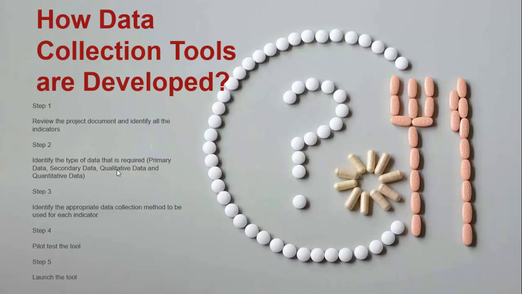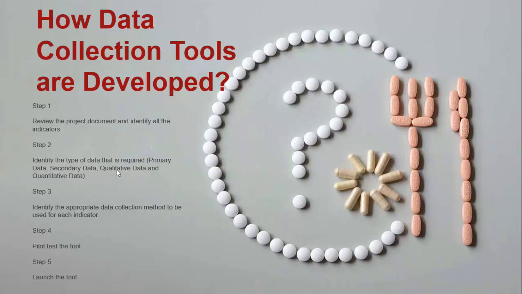So if I asked you what kind of data collection method will be required for qualitative data, I'm pretty sure you're going to agree with me. Things like focus group discussions or key informant interviews could be the best method, because these rely on perceptions of people.